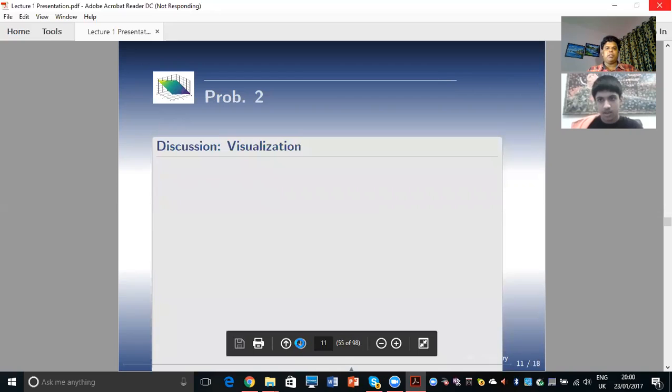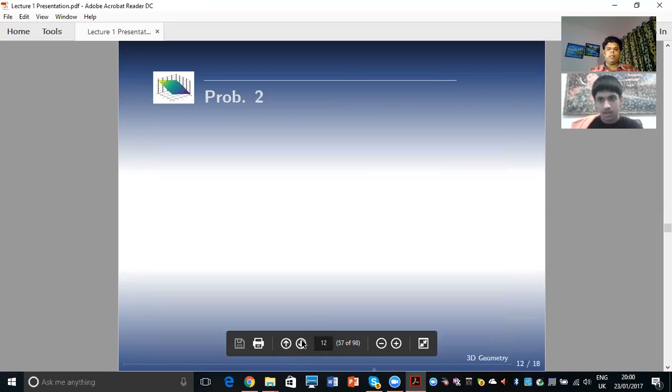So it's the visualization, just wait for a moment. We have two planes intersecting, and then we'll go for problem number 3.